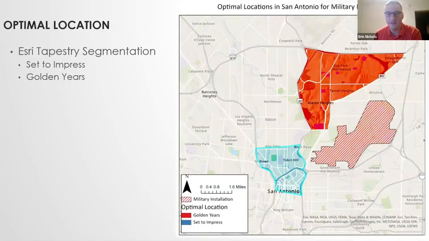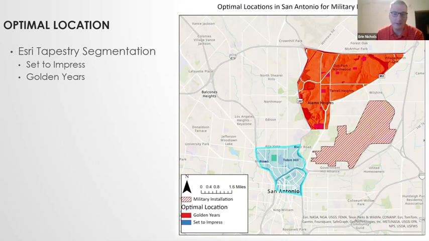So the previous slides identified some socioeconomic factors that military members could also apply to help them find a location based on Fort Sam Houston, which is located in the lower right-hand corner of the map.